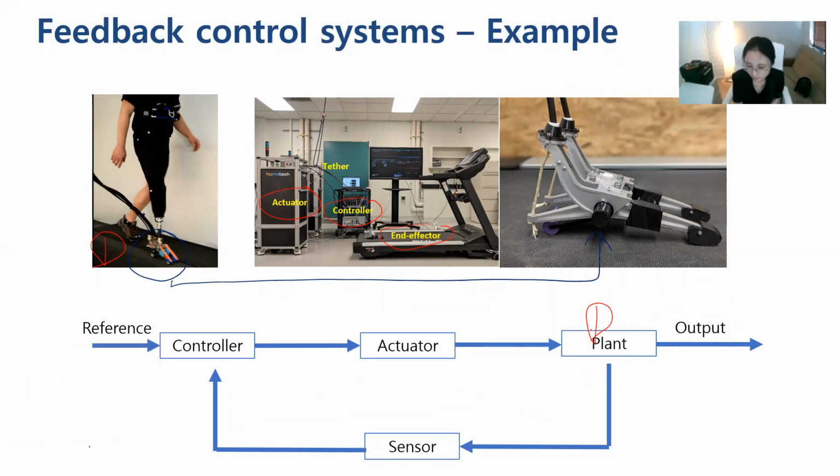And the sensor can measure torque or position, and depending on the reference, the controller decides the control input to the actuator, and the actuator drives the plant.